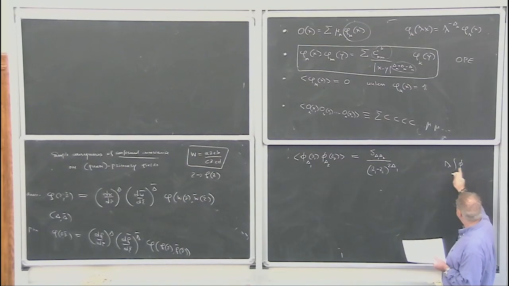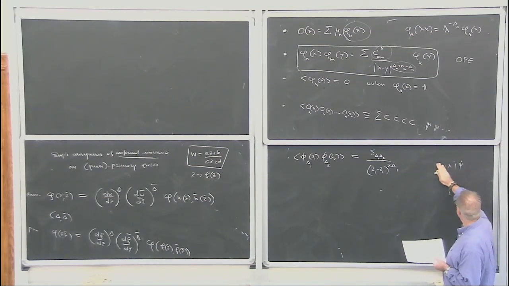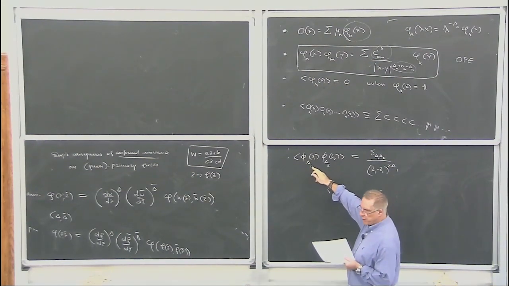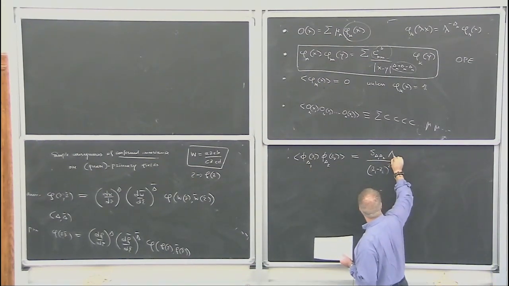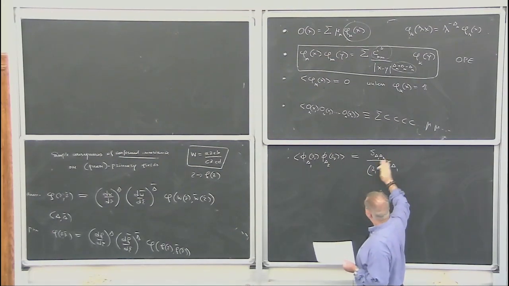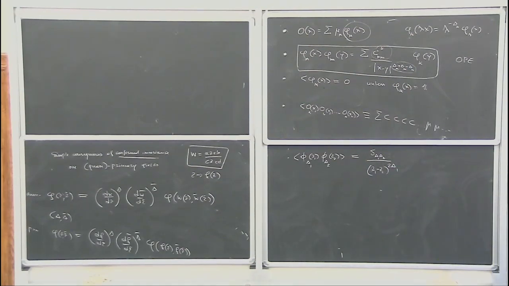So it just matters how I'm sharing the normalization of these things. I can always decide to normalize my field to be 1. Said differently, if I have A here, I can absorb the square root of A in each of them. All the relations I wrote down before will remain exactly the same. So the normalization is up to me. I want to show that this is the case for the two-point function.